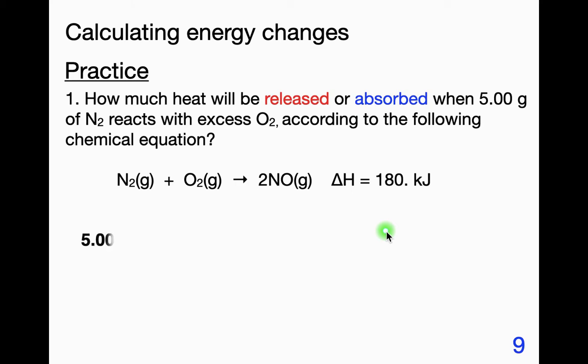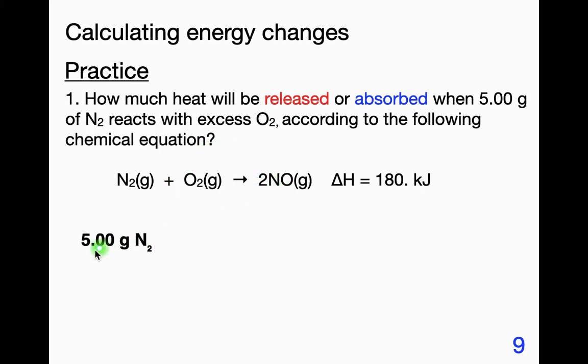Okay, so always in any kind of calculation like this, always start with the value that you're given. You're given 5 grams of nitrogen. So that's going to be your starting point. Now, anytime you go into a chemical reaction with a mass, the very first thing you need to do is convert that to moles, because the chemical balanced reaction is not grams, it's moles. 1 mole of nitrogen, 1 mole of oxygen, 2 moles of nitrogen monoxide.